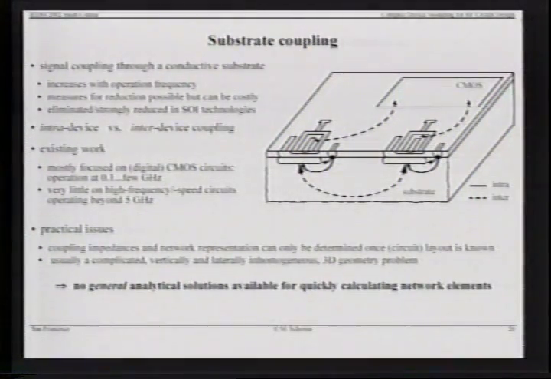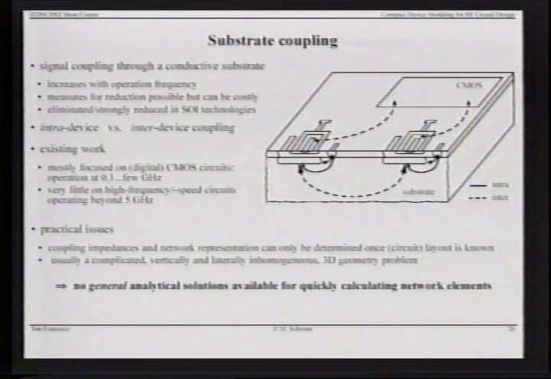Substrate coupling, something I would like to explain based on this little figure here. Let's say we have a chip and a large CMOS part, and then some back-end circuits and devices here, or front-end, whatever you want to call it. We will have a lot of noise, switching noise, coupling into the devices here that are the dashed lines, and also between the front-end devices there will be a signal path through the substrate.